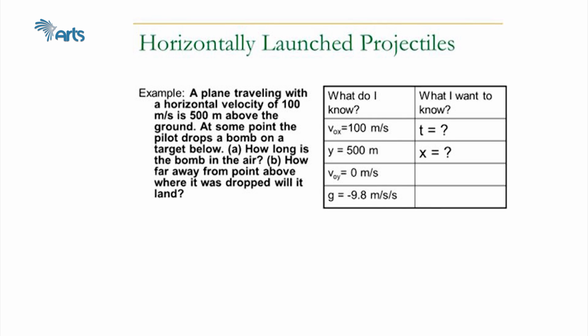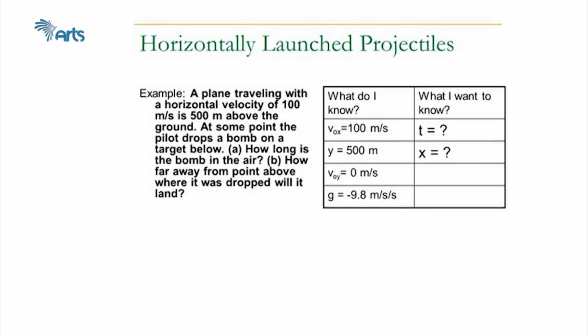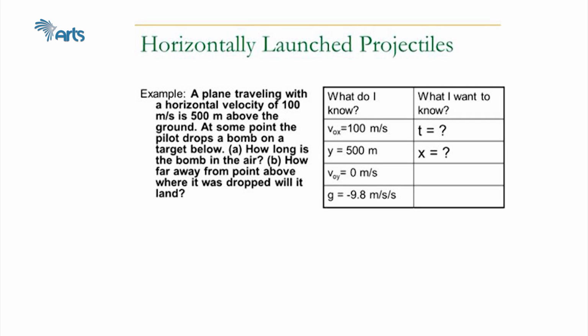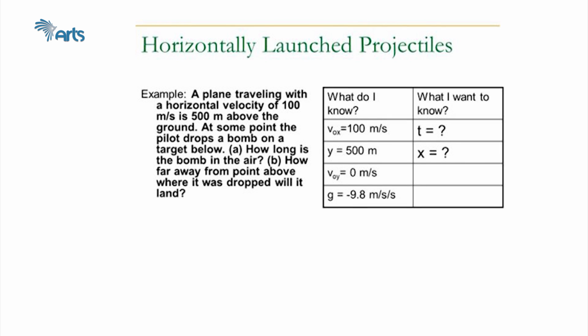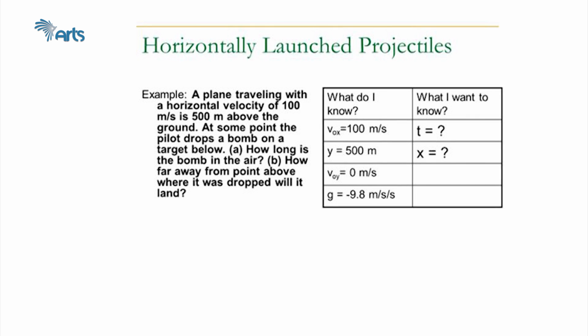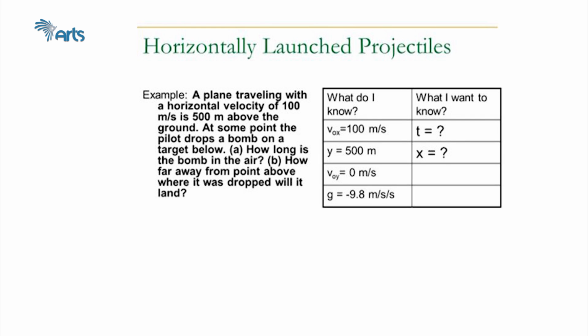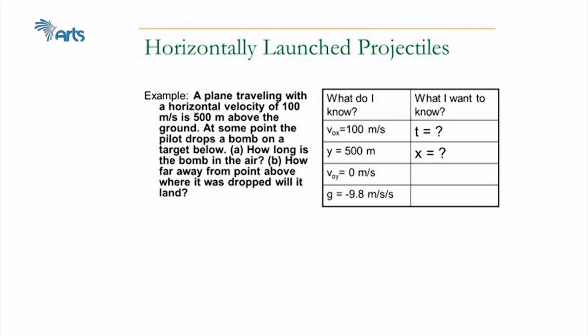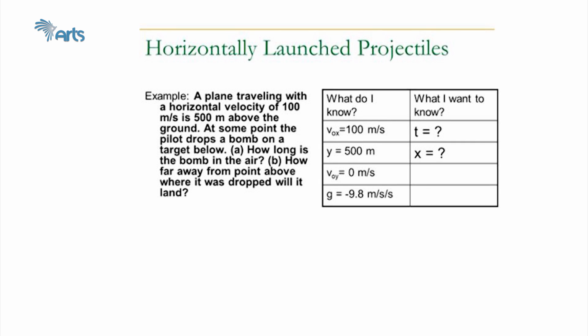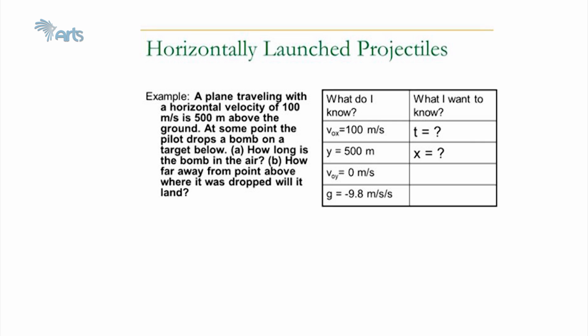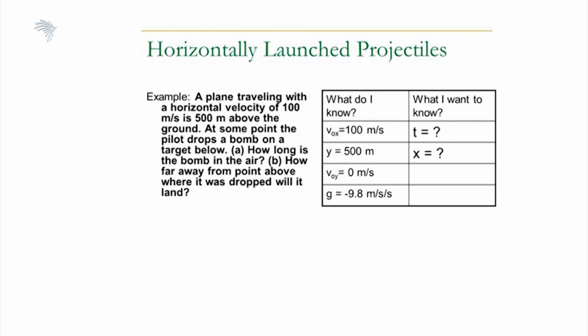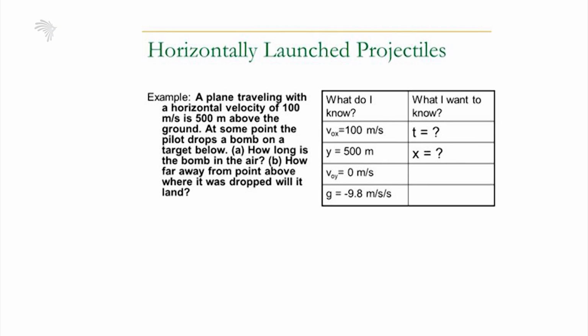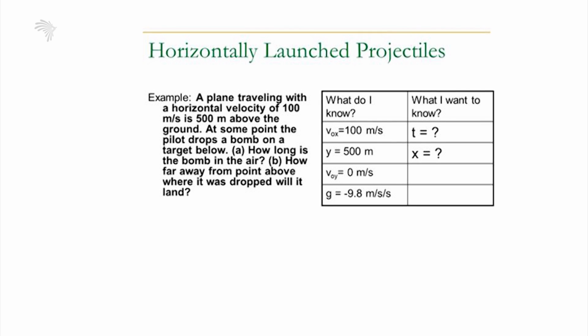The initial velocity along the x-axis is given, which is 100 meters per second, and this is a horizontal projectile motion. Vertically, it is 500 meters above the level ground, so the height is given. Since it is a horizontal projectile motion, the initial velocity along the vertical direction is simply 0, and the acceleration due to gravity is minus 9.8 meters per second squared.